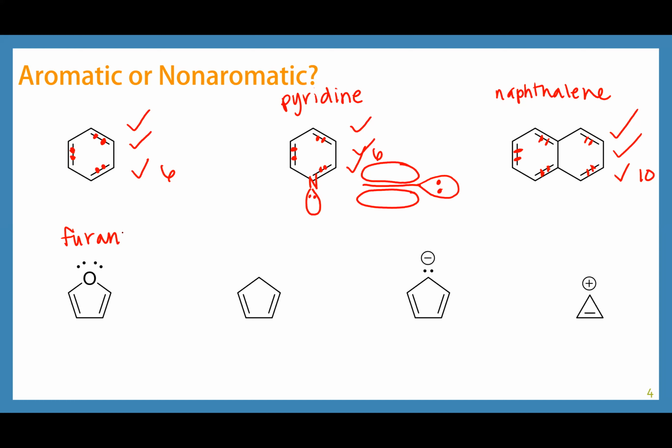Right. And because one of these pairs can be in resonance, that kind of changes the hybridization of the oxygen here. Even though it should be sp3 hybridized, it's kind of not because of the resonance form that can be created. And so that makes oxygen kind of weird here.